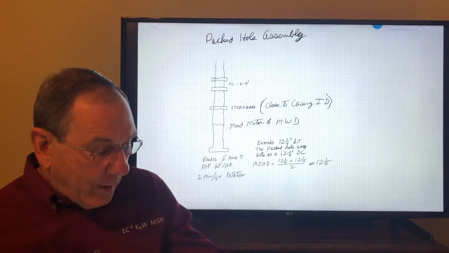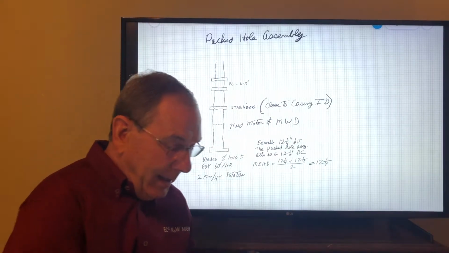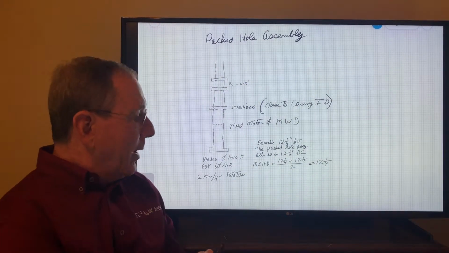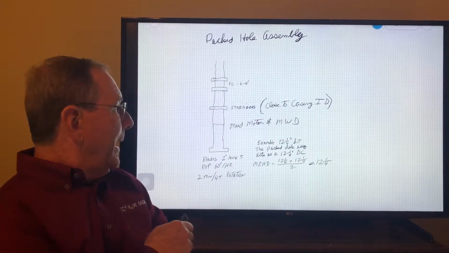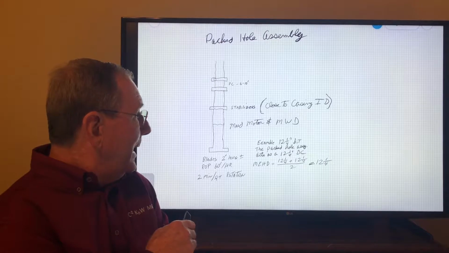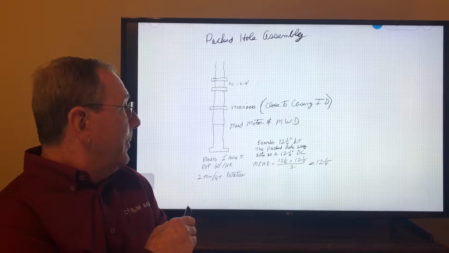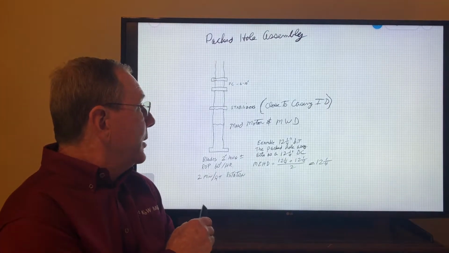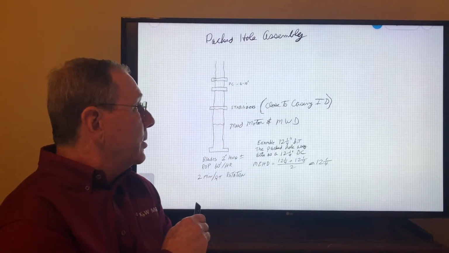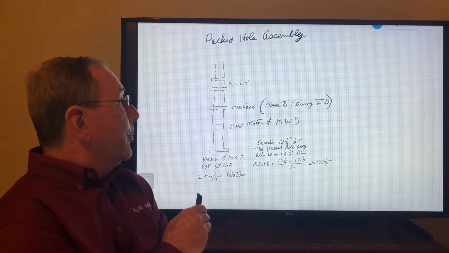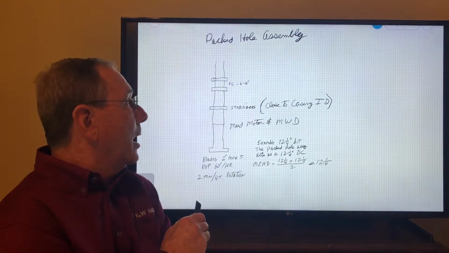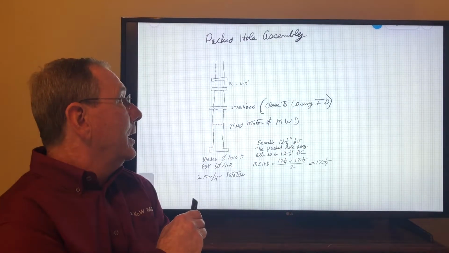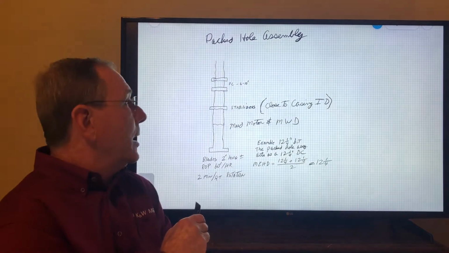So I've got a drawing of a packed hole assembly in which, to drill a well with mud motors, you might have a mud motor and an MWD, and then above that you would put a packed hole assembly, which is what I call stabilizers on both ends of one drill collar, and then you put a pony collar, which is a short drill collar, and a stabilizer above the pony collar.